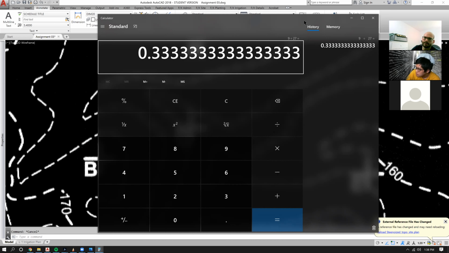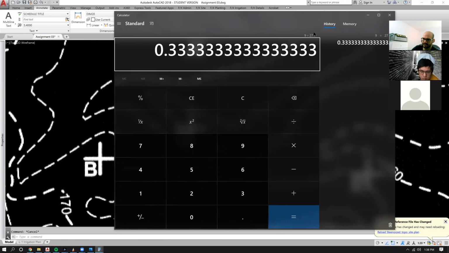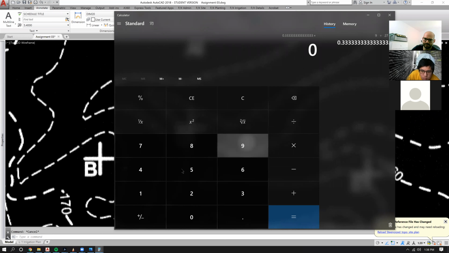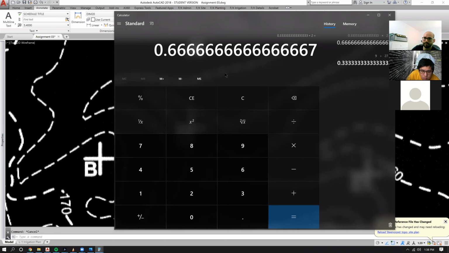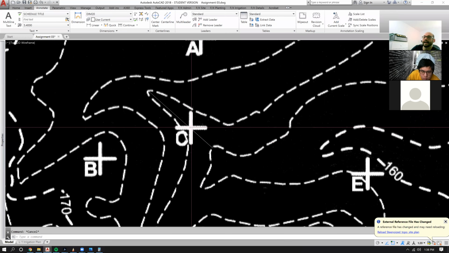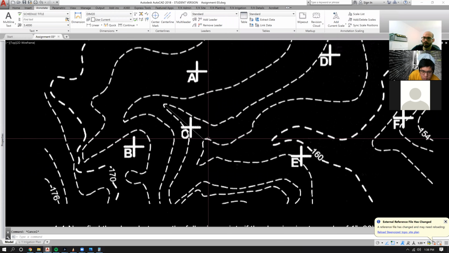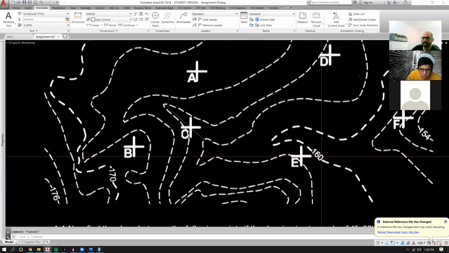So because the contours are 2 feet apart, we're going to multiply the answer that we just got by 2 to get 0.66. Right, oops, sorry, times 2 to get 0.67, right? And that is the number that we're going to add to the lower contour. So this is 160.